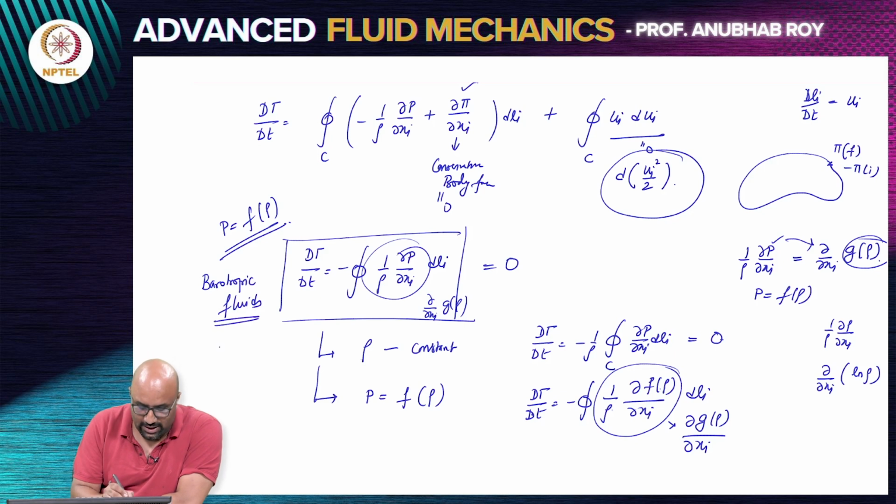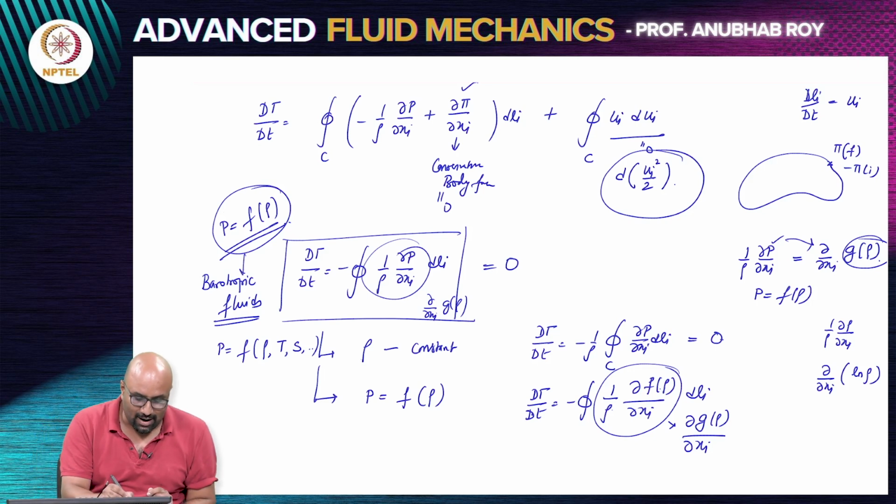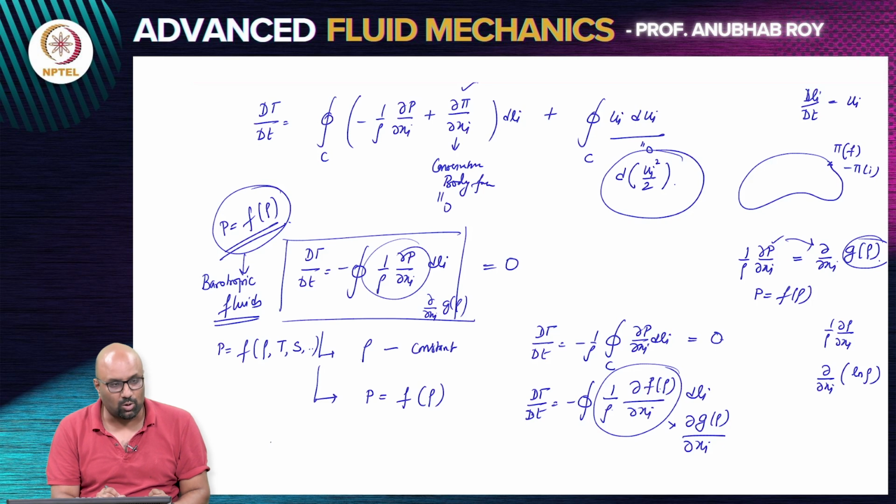We know in general pressure can be a function of rho and temperature, and if it is some system like sea water, then it can be a function of salinity and all these quantities. But if you consider the idealization where pressure is purely a function of density and no other variable, then this is a barotropic system, and when you have a barotropic fluid, your circulation remains conserved.